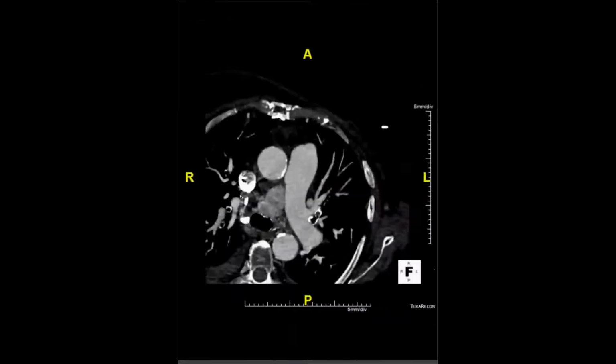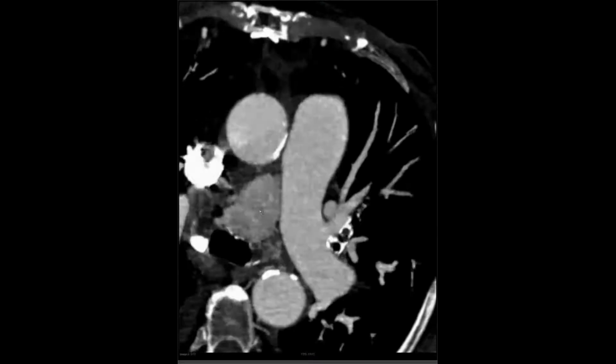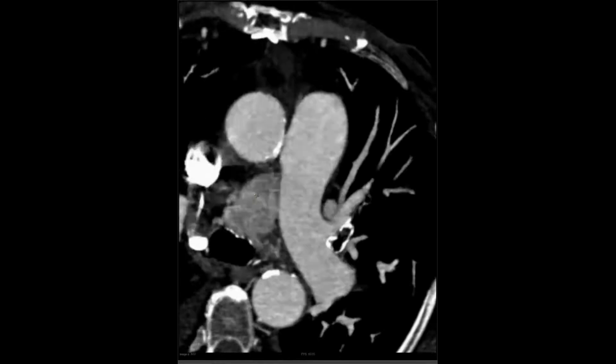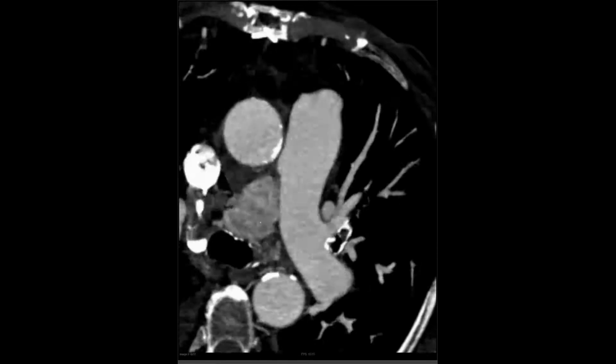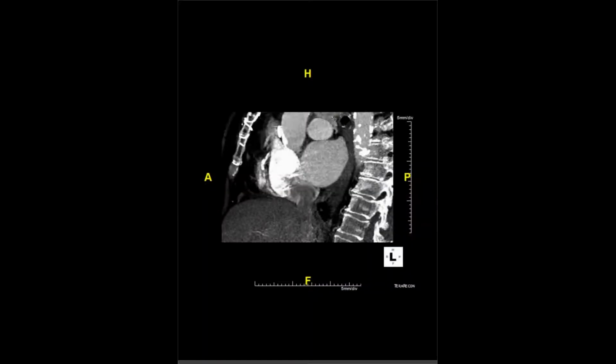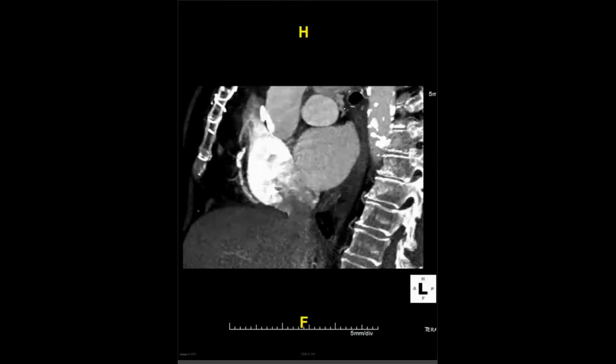So this is what I thought was going to be my second paraganglioma in as many months, and we can see here on the gated image that it moves with the heart, and then here it's at the top of the image up here. It's this structure that has this tendril that's snaking along the LPA there.